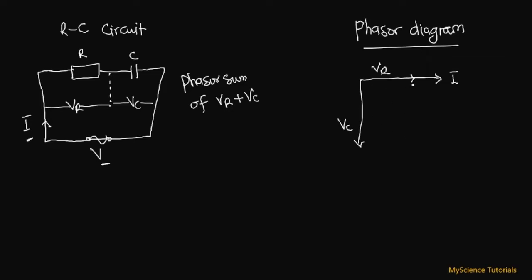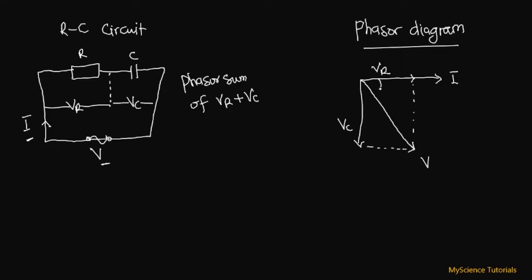If we extend this a little bit, the distance from here to here, which is the resultant of VR and VC, is what we call our applied voltage, V.